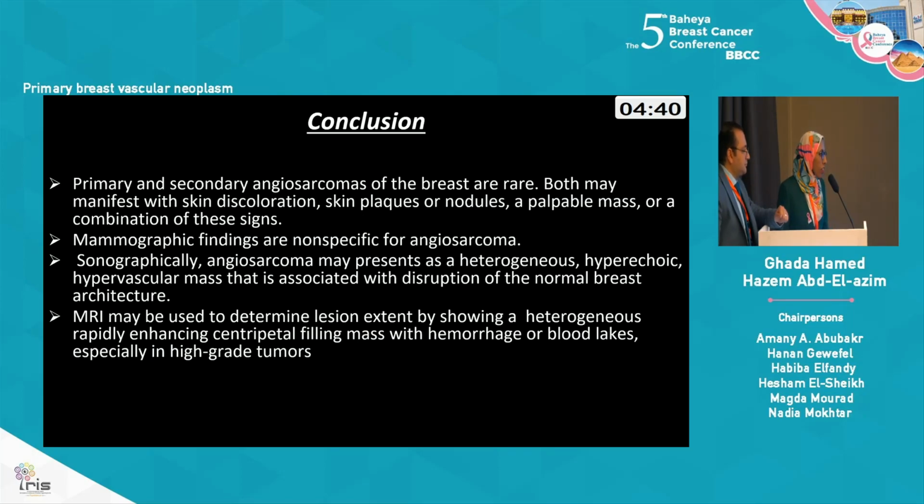Mammographic findings are non-specific to angiosarcoma. Sonographically, angiosarcoma may present as a heterogeneous hyperechoic hypervascular mass that is associated with disruption of the normal breast architecture. MRI may be used to determine the lesion extent, as said before. Okay, and the gold standard is pathology.